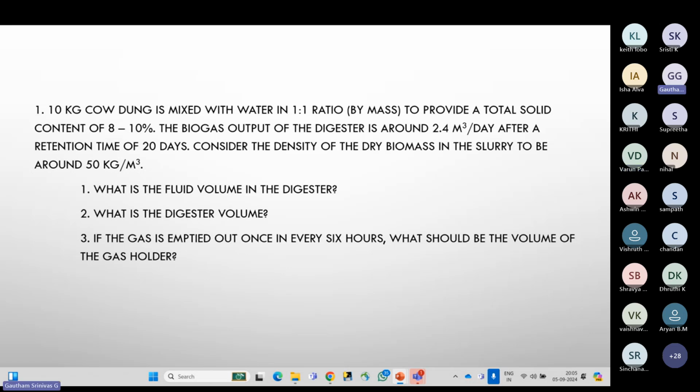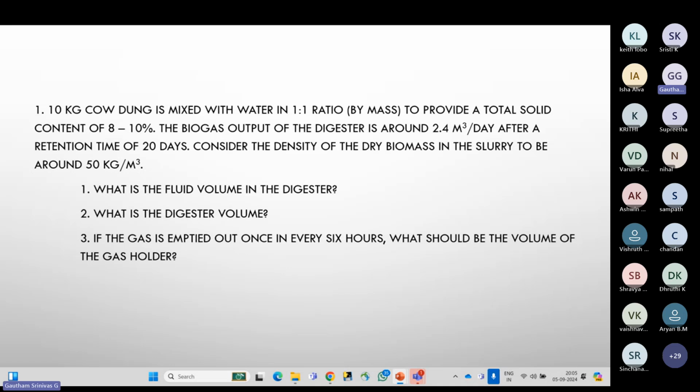So you need to build a digester that can hold 8 cubic meter because of the fluid volume in the digester. And then the gas on top, since you are emptying out every 6 hours, you need storage only for those 6 hours, which is 2 meter cube. That's it.